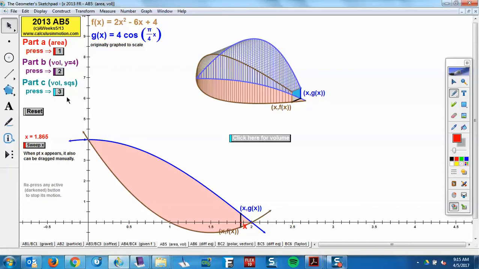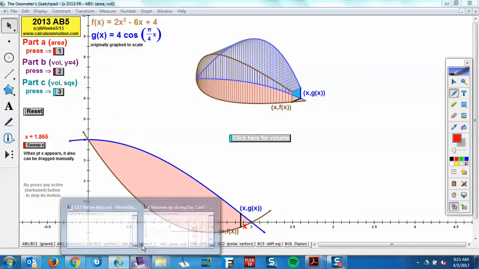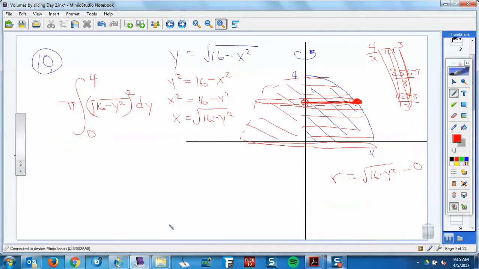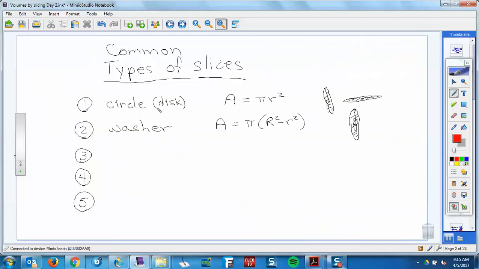What's the area of a square? S squared, right? One side squared. So in our formula, in our notes, let's add another type of slice. Another type of slice could be a square. We could have square slices. The area of a square is S squared.